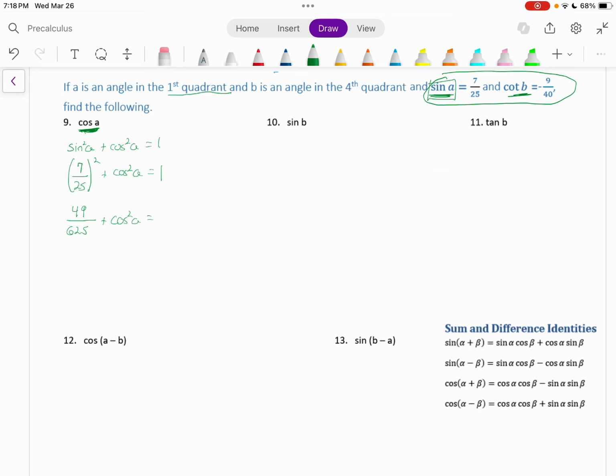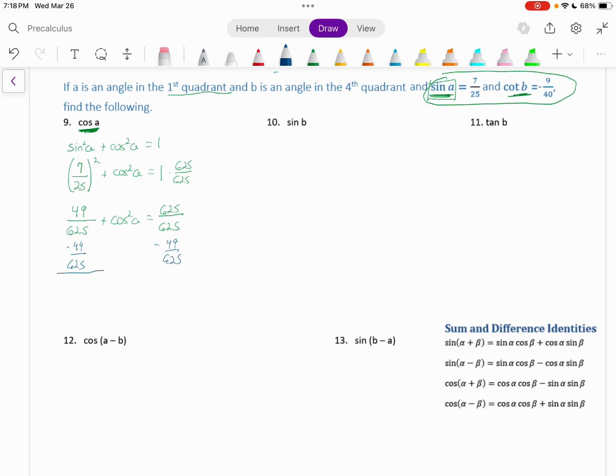Now we would normally put 1 here. I see we have a fraction on our left side, so I'm going to multiply by 625 over 625. So we have a denominator of 625. And we would go ahead and subtract 49/625 from both sides.